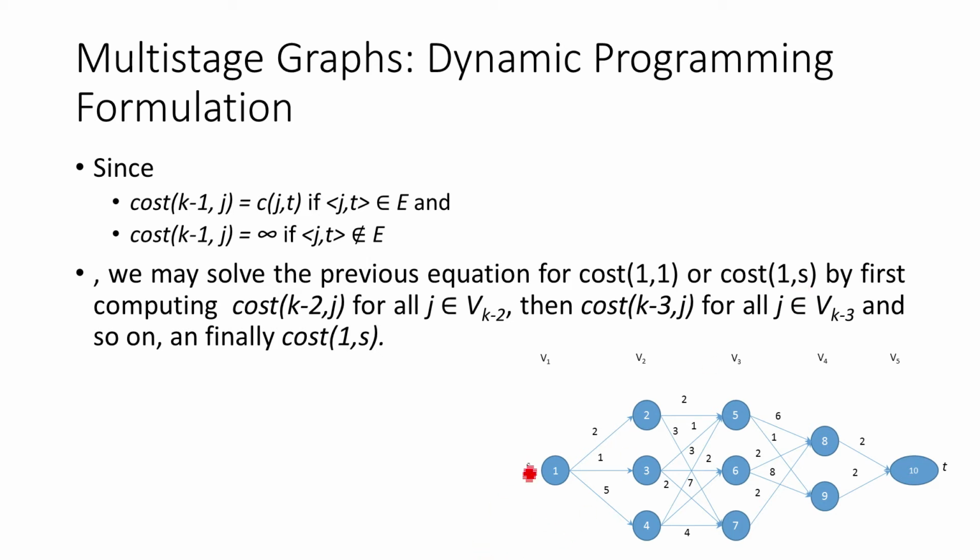What that basically means is the cost of going from stage number 1 by choosing node number 1, or the source, by first computing cost of k minus 2 comma j for all j belonging to V of k minus 2. Similarly, we will then find the cost of k minus 3 comma j for all j belonging to V of k minus 3, and so on, and finally we will reach cost of 1 comma s. So we'll follow a bottom-up approach to solve this problem using a dynamic programming formulation.